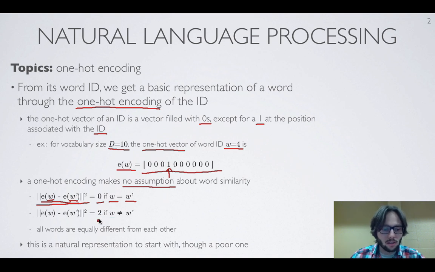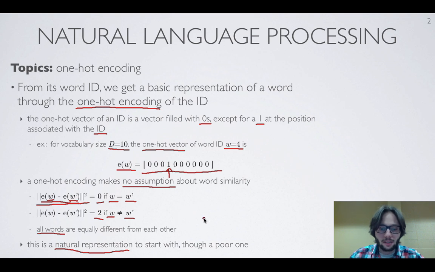And otherwise, by simple calculation, you'll see that we get a distance of 2 if W is not W prime, so if they correspond to different words in the vocabulary. In other words, all words are equally different under that representation. So that's a much more natural representation to start with. We're not making any assumption about which words are more similar to which other words. We're going to leave that to a subsequent learning algorithm to learn.